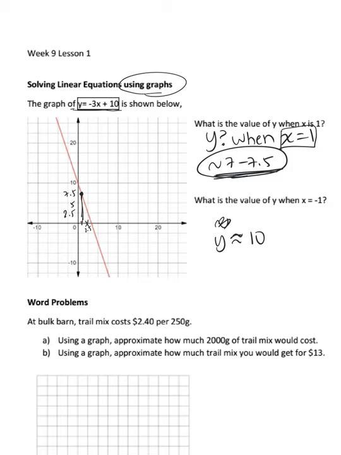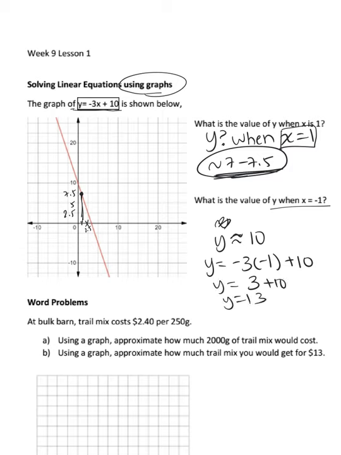Okay, to confirm your answers, you can do this algebraically. You go y is equal to -3, and in place of x, I'm going to place -1, and that gives us 3 times 1 is 3 plus 10, y is equal to 13.